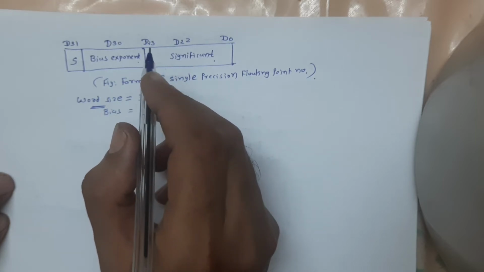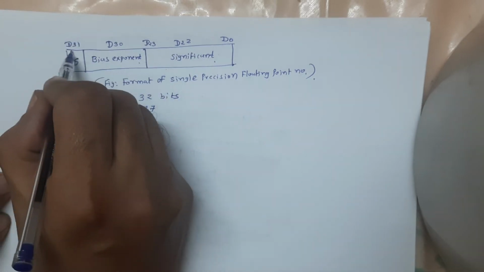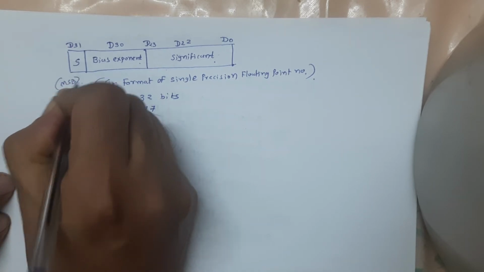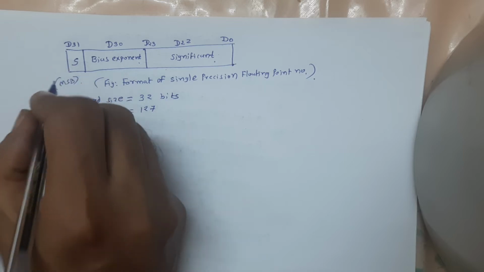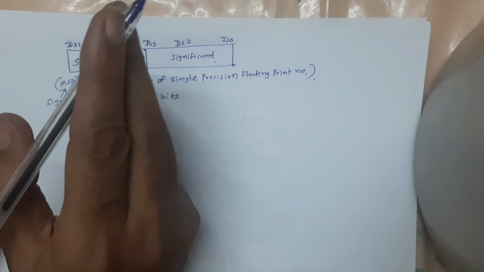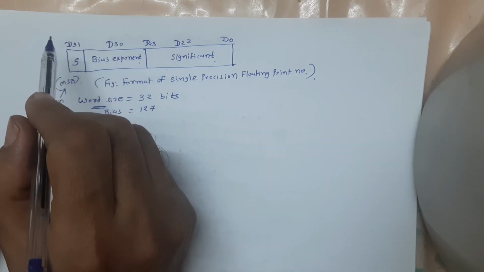Out of these 32 bits in total, the MSB, that means D31, shows the sign.